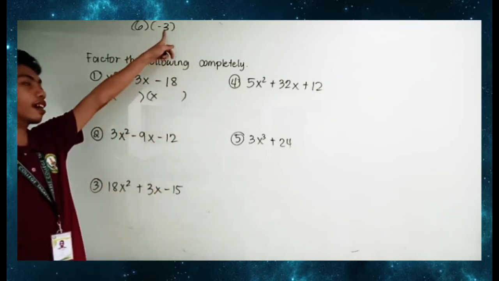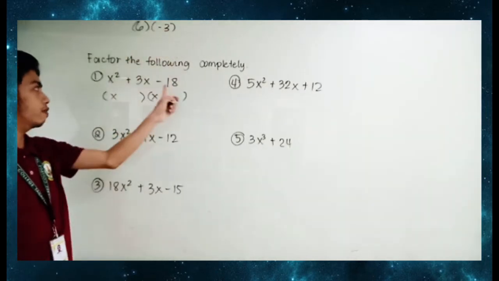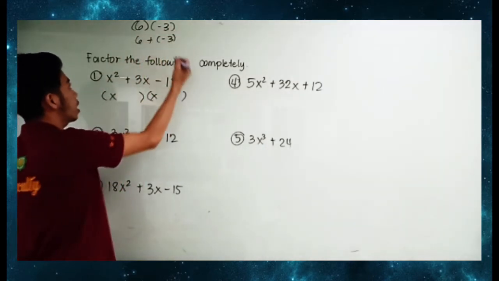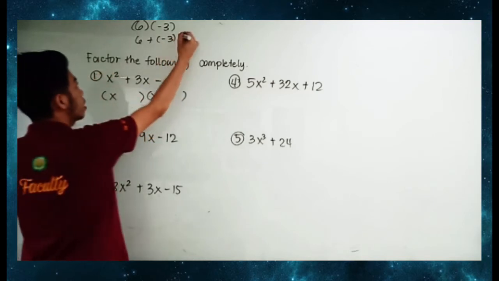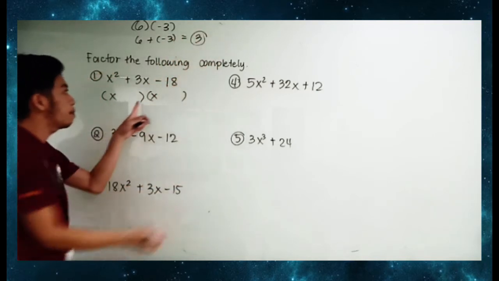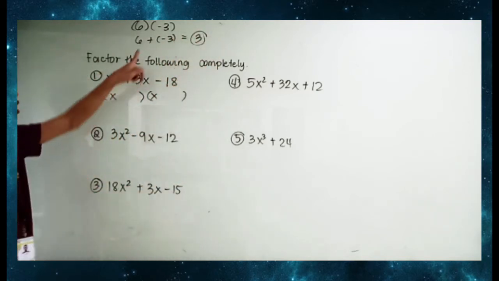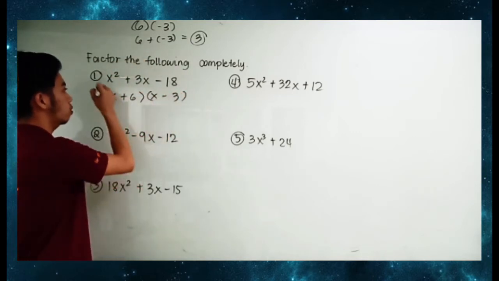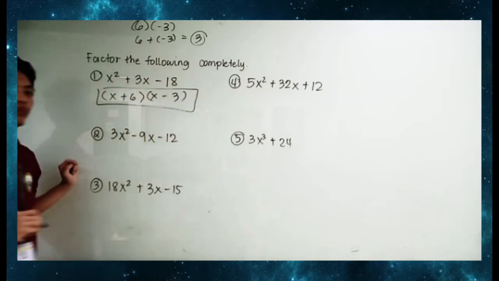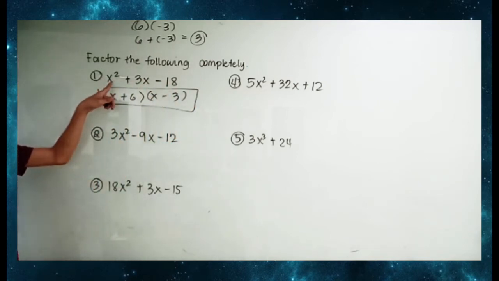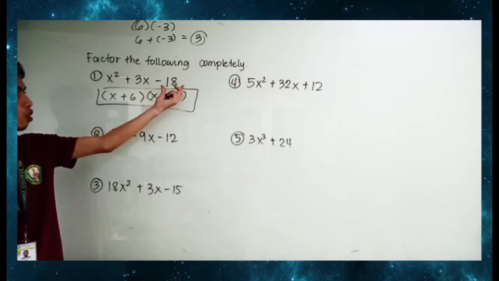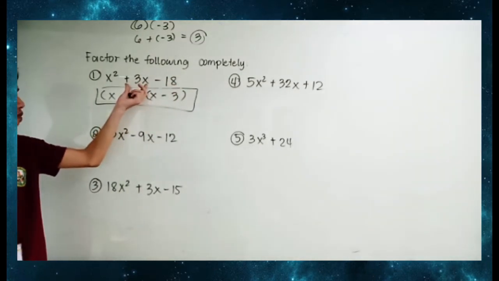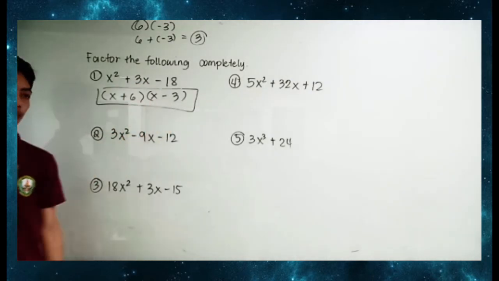Kasi 6 times negative 3 is negative 18. Pag pinag-add mo siya, 6 plus negative 3, so magiging 3. So tama na, yun yung factor. Ngayon, ilagay mo lang siya, that is positive 6 and negative 3. So ito na yung kanyang factor. Again, factor ng x squared, x times x. Factor ng negative 18, na kapag pinag-add mo, ang sagot ay positive 3. So 6 at saka negative 3.